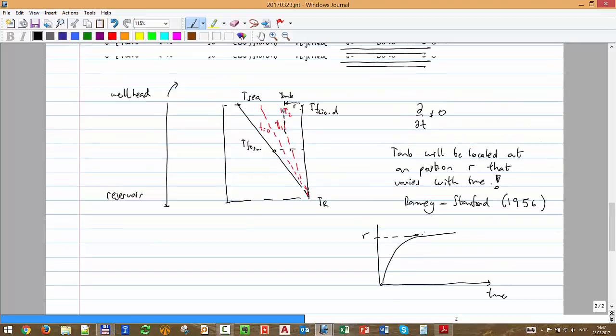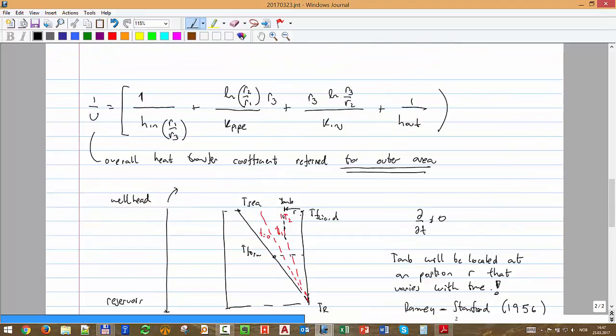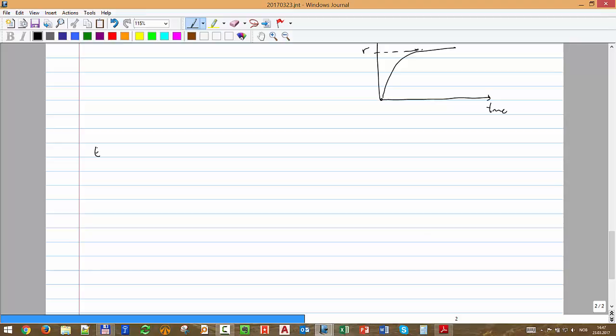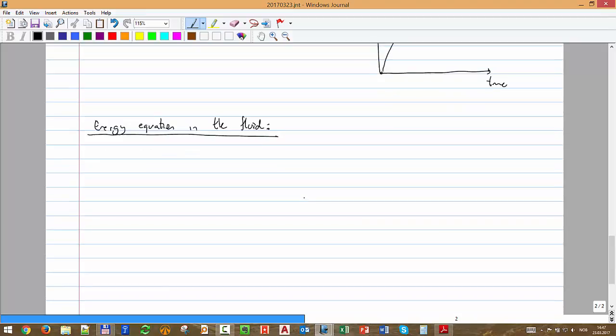So now that we have that heat transfer coefficient, we go back to the energy equation in the fluid that we had last time.